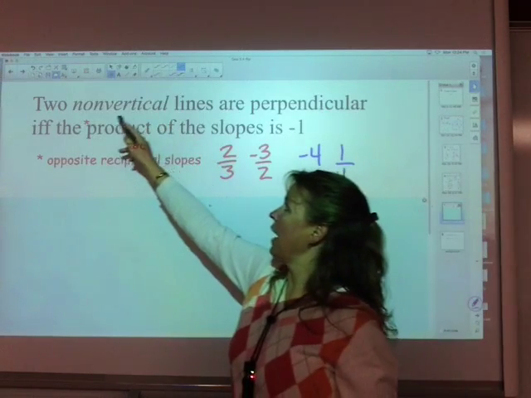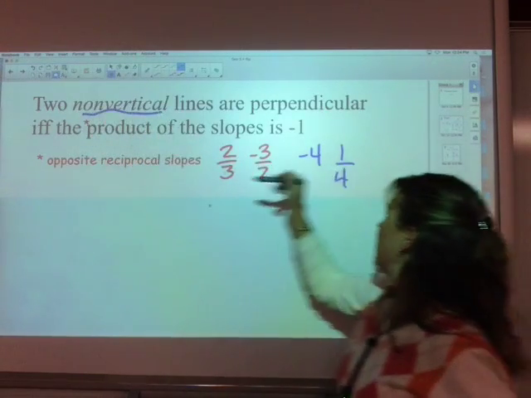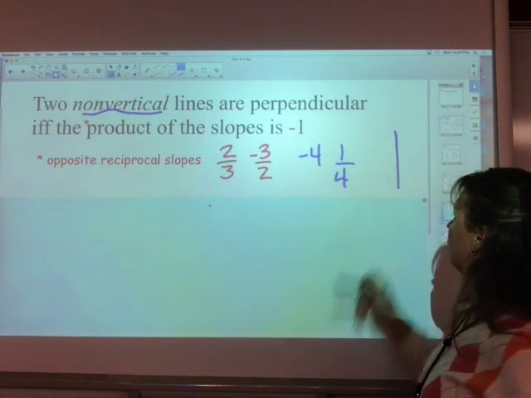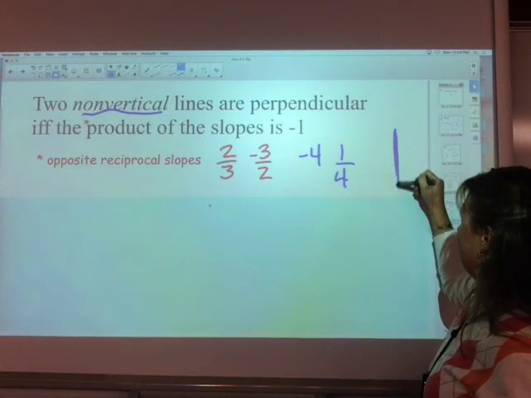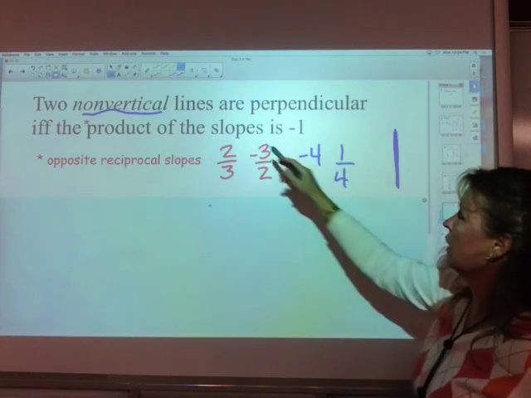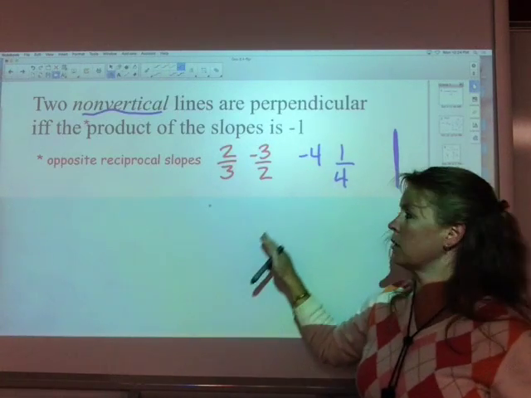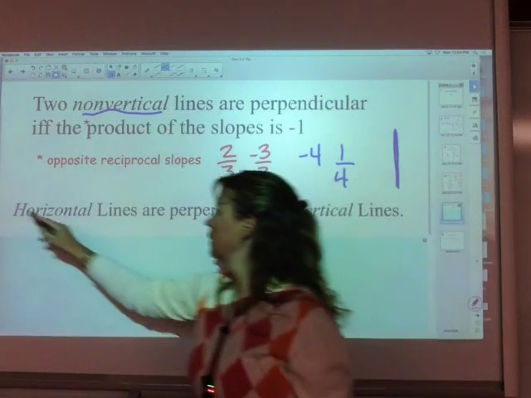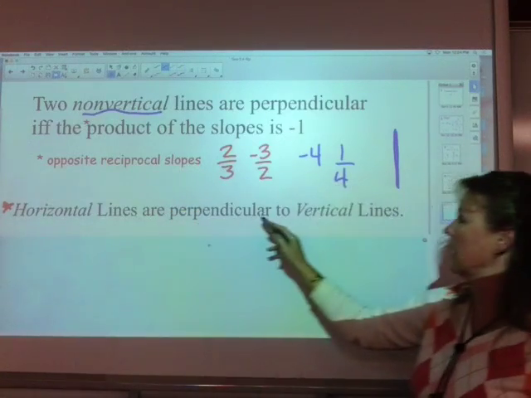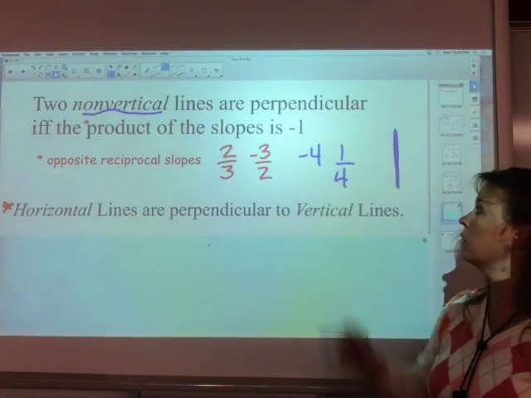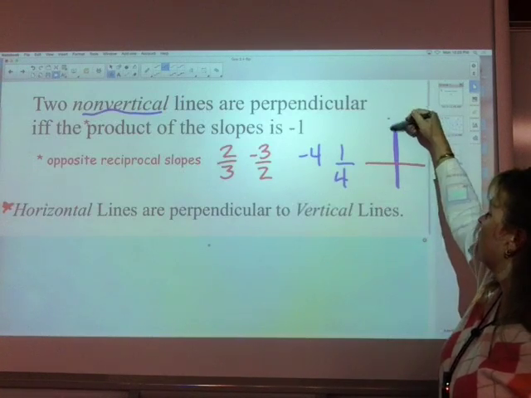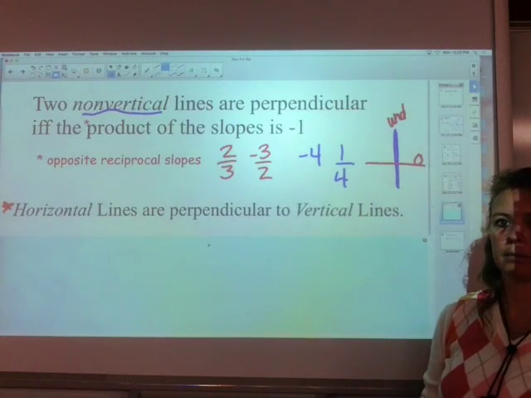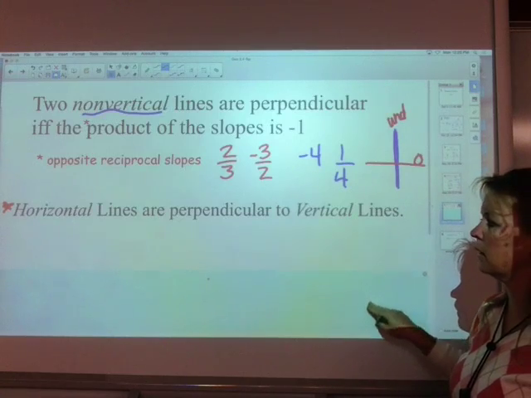And again, it says non-vertical lines because a vertical line has an undefined slope, so you can't find its opposite reciprocal. But what you can say right here is that horizontal lines are always perpendicular to vertical lines. Undefined is perpendicular to 0. They will form perfect right angles.